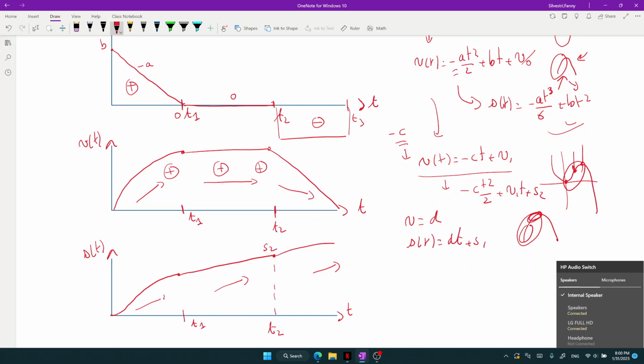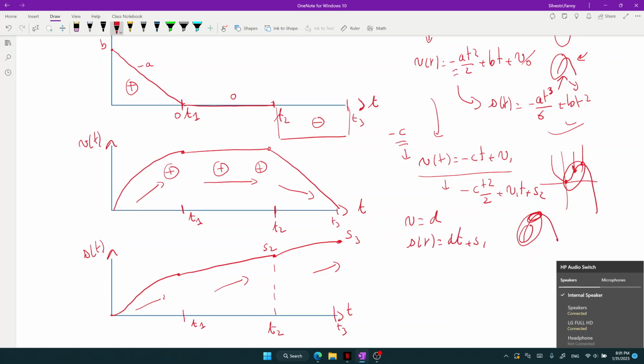So somewhere there, it should be a little bit round. We should have continuity at the same point, but it doesn't have to be smooth. And that's the final distance at your t3.